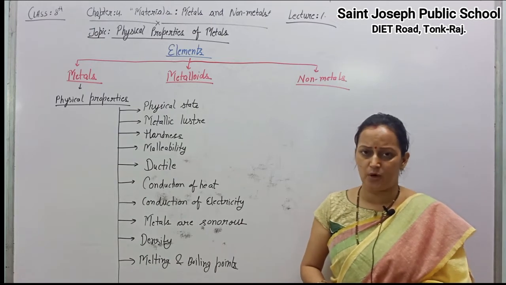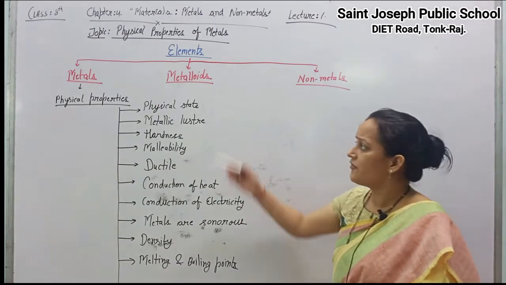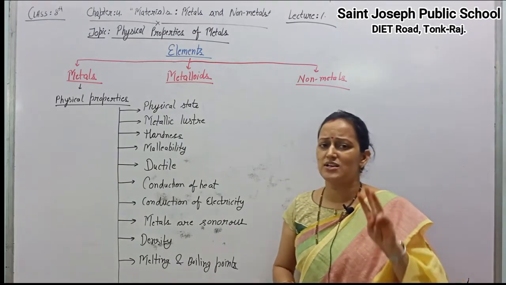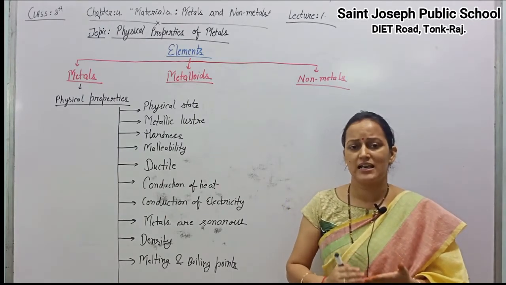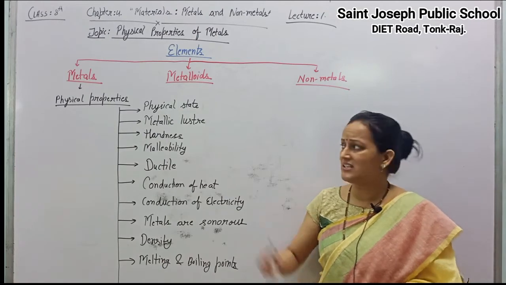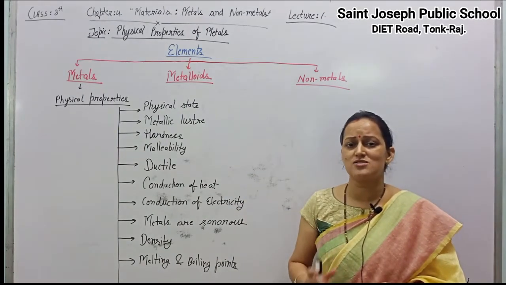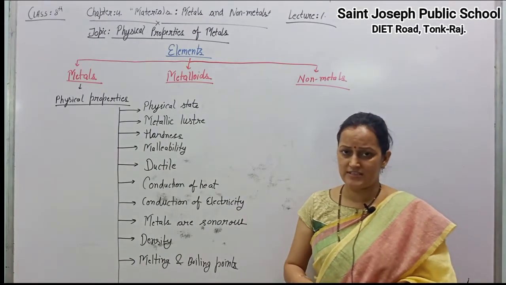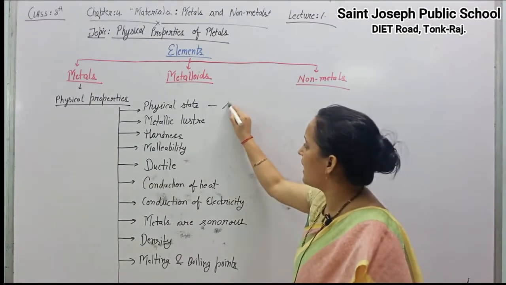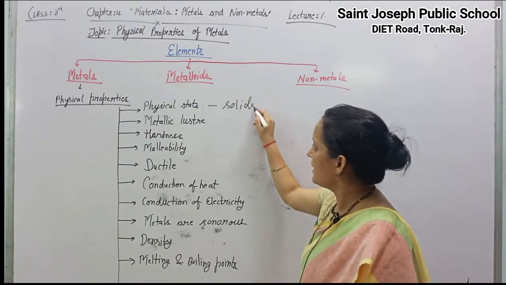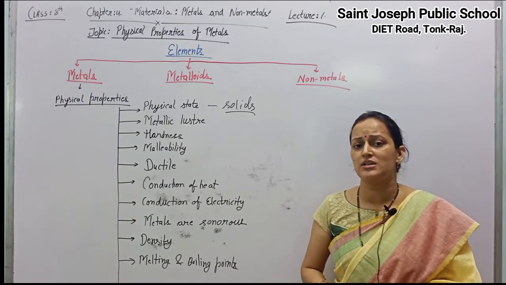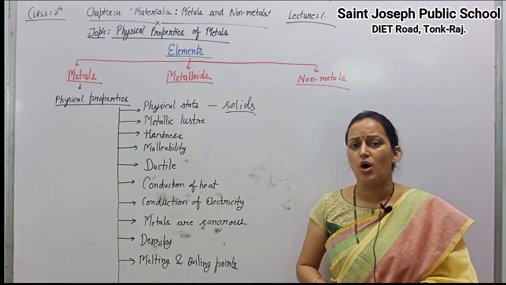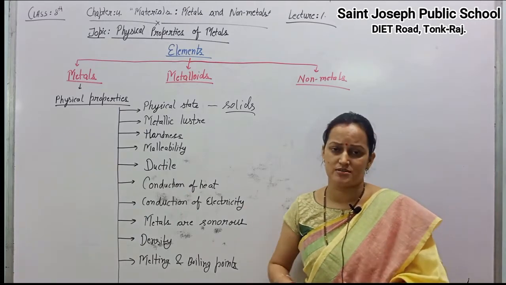So the first physical property of the metal is physical state. There are generally three physical states of matter named solids, liquids and gases. But these metals, they are generally solid in physical state. Physical state इनकी क्या होगी? They are solid. Like iron, copper, aluminium, they all are found in the solid state. But always there are certain exceptions, right?